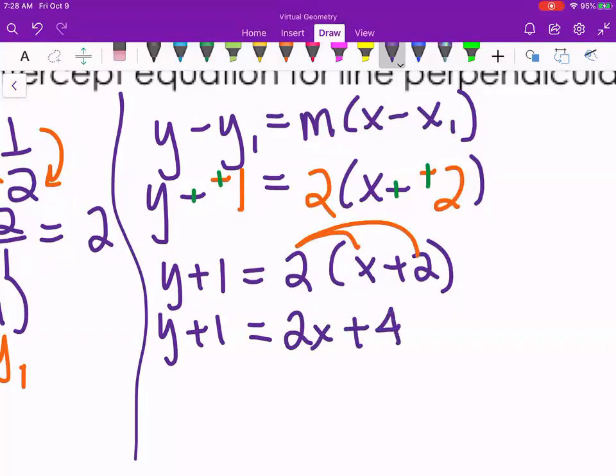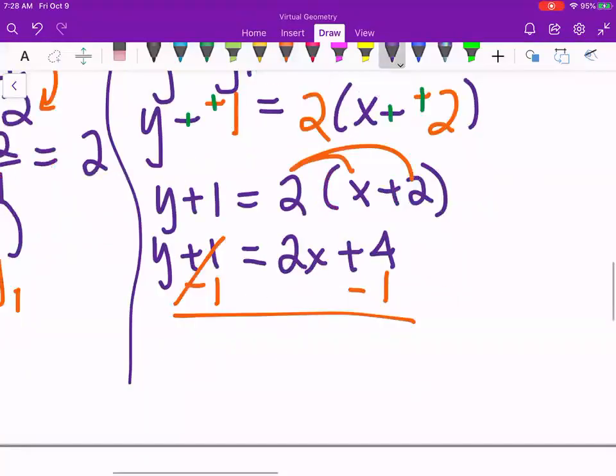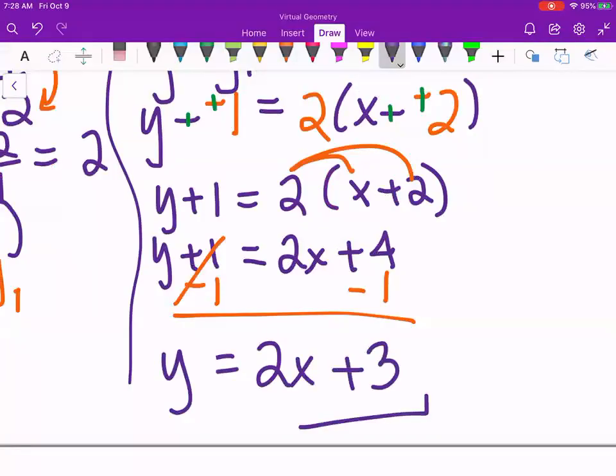Okay, now this looks similar to our previous equations. And guys, now you can minus the 1. So minus the 1 from that 4 on the other side. And we have y equals 2x, 4 minus 1, +3. And there's our equation.